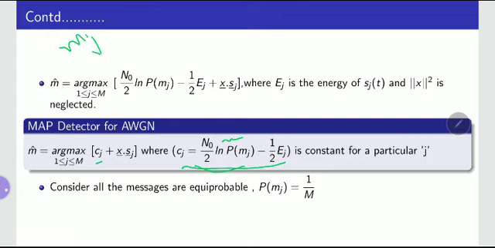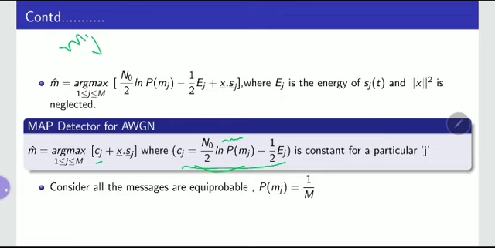Now consider that I have told that this P of mj is actually the probability of our input or transmitted message. Now consider that all the messages are equiprobable. So you have capital M messages, so P of mj is 1 by capital M. If you are using that constraint also, then this MAP detection changes to what is called ML detection or maximum likelihood detection.